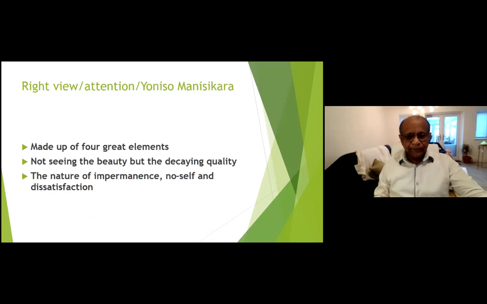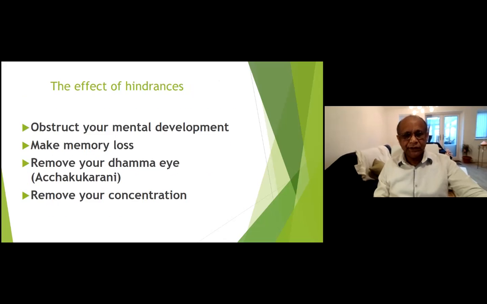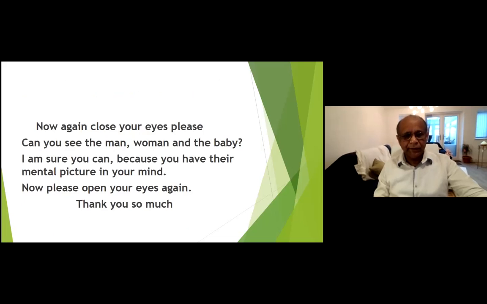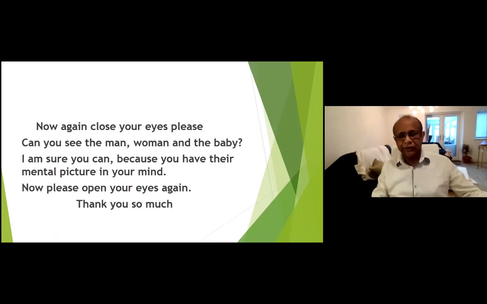Then we move on to the five hindrances: sensory desire, ill will, sloth and torpor, restlessness and remorse, and doubt. What do we mean by sensory desire? We have seen a picture, say we have seen a baby or a woman or a man. Even now they are all gone and not here, but these dhammas are still in our mind as visual forms, and you are making a fetter inside your mind.